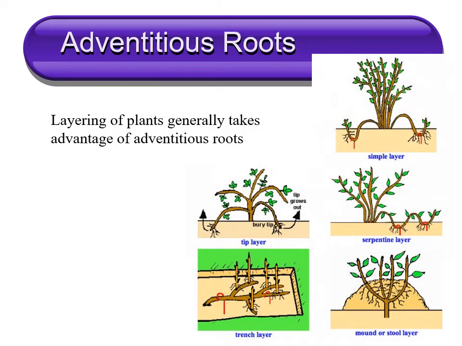As far as propagating, adventitious roots allow us to do what's called layering. You'll probably run into this in some other courses, but that's okay, we'll introduce it now. Layering essentially means that if you take a tissue and bend it down and bury it in the ground, it will start to form roots adventitiously from the sides of the stem.